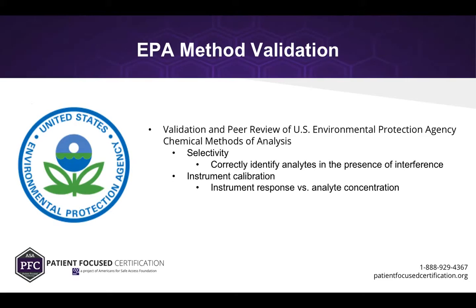Some of the differences, or some of the definitions for them, is they always want to make sure that you're correctly identifying analytes. Of particular concern, of course, is if you're looking for pesticides, you really want to make sure that you're correctly identifying them, because a false identification could lead to a lot of trouble for people. Instrument calibration, you want to make sure that your response versus your analyte concentration is linear.